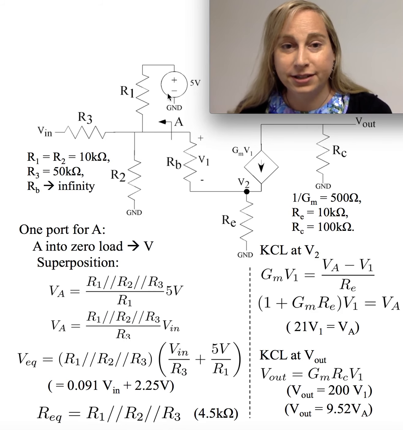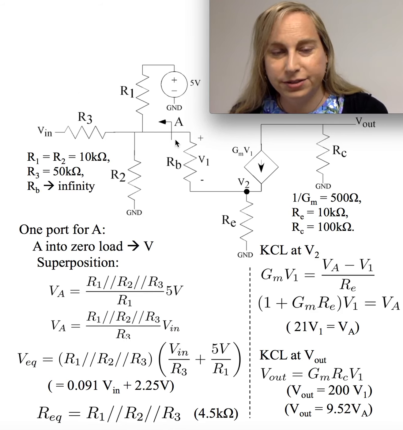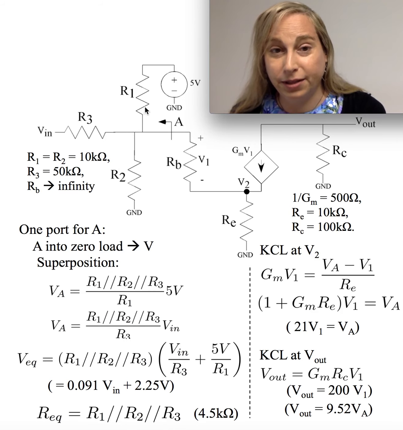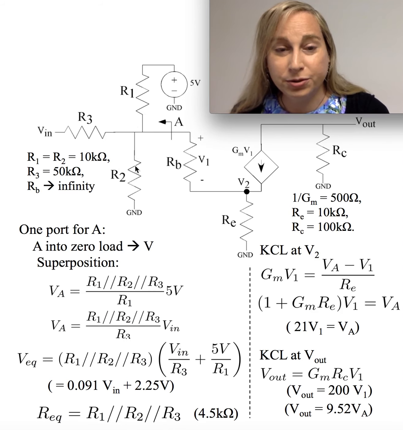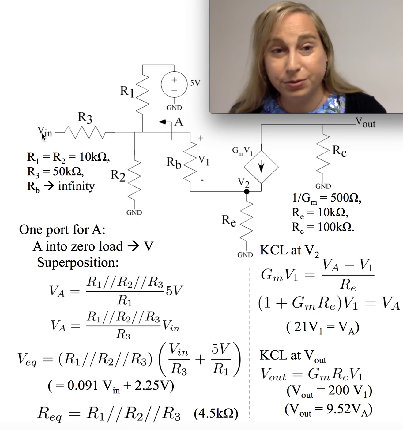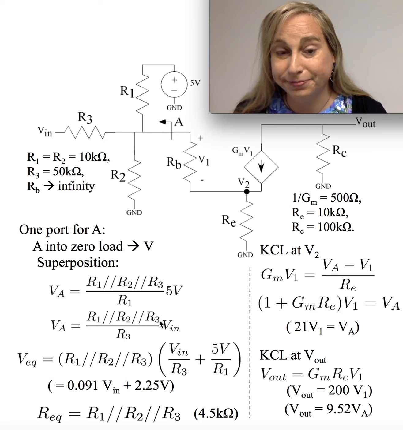In this case, VA due to the 5 volt term is related to a parallel combination of all of these resistors, basically all of them set to ground other than the one I am connecting to. Similarly, what's the voltage for VA just due to VN? I can think about that one as well, and I get a similar conversation there.